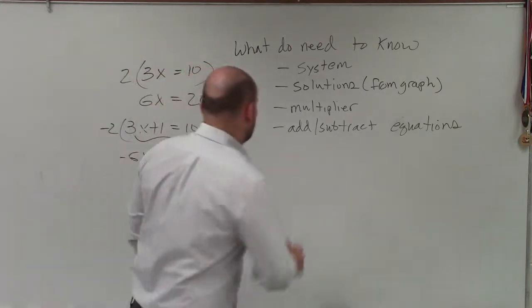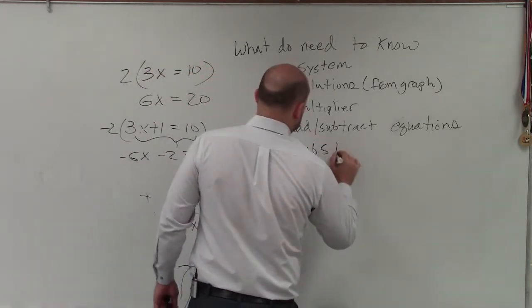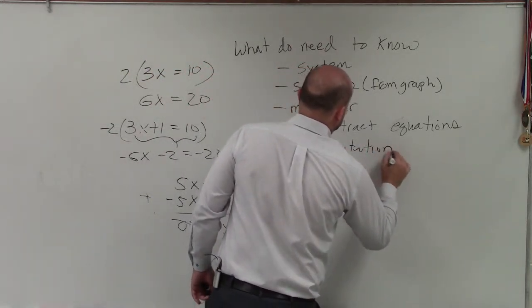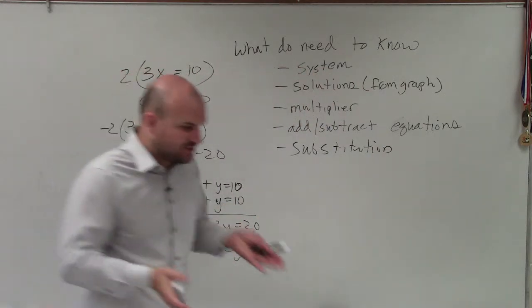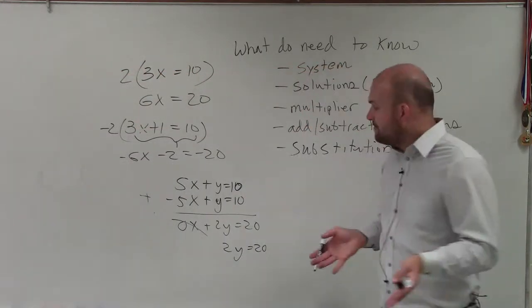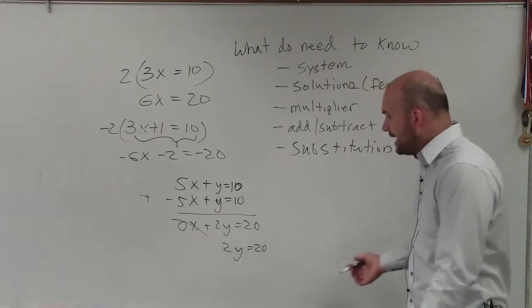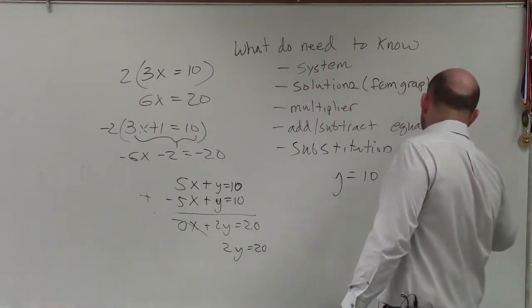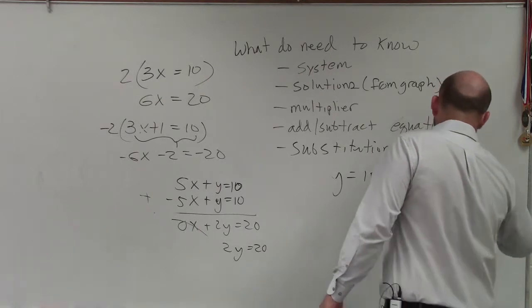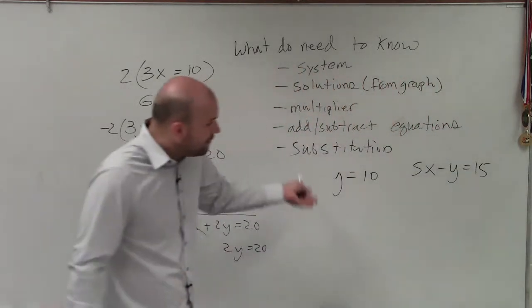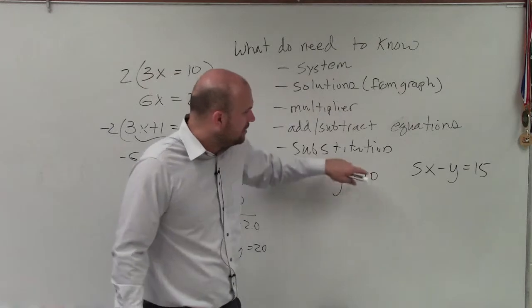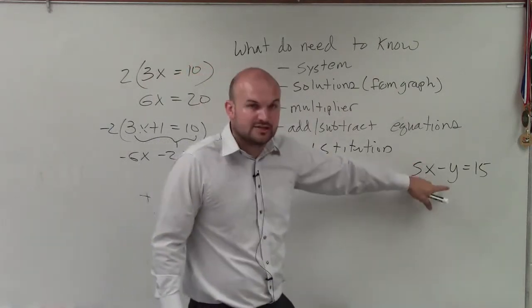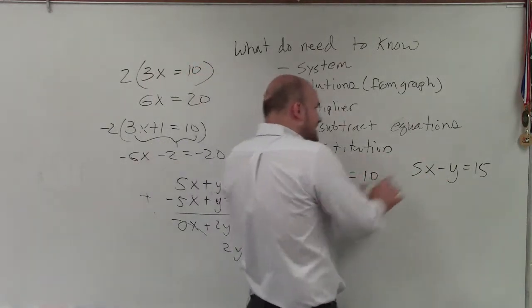And the last thing is substitution, which is basically like evaluating. So if I find the value of y, and let's say y is equal to 10, and I have an equation 5x minus y equals 15, if I know y equals 10, I can plug 10 in for y.